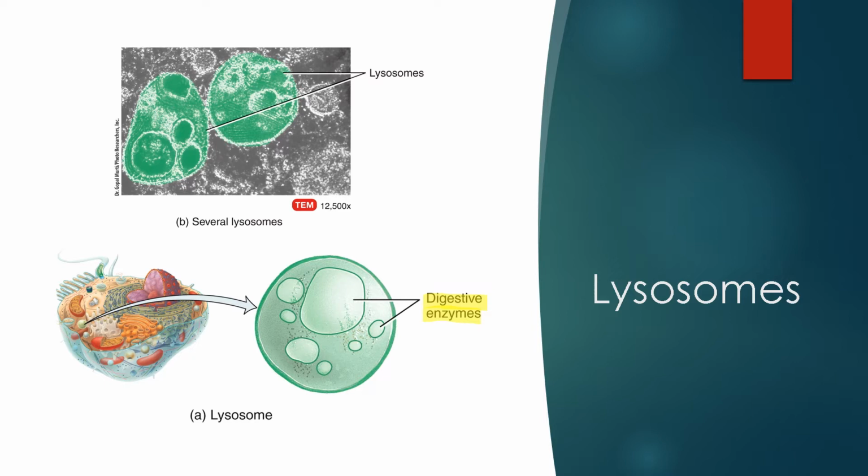Now, lysosomes mainly work to break down proteins that come to them in the form of vesicles. So they work to break down molecules in other vesicles when they fuse together with those other vesicles.